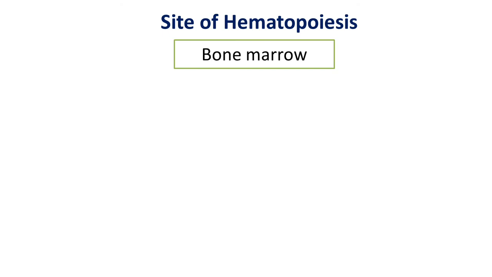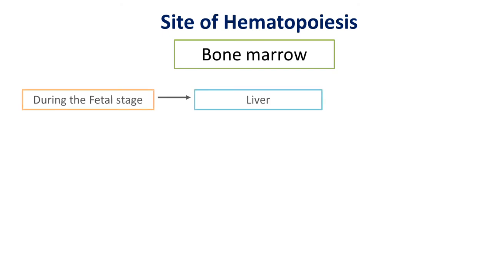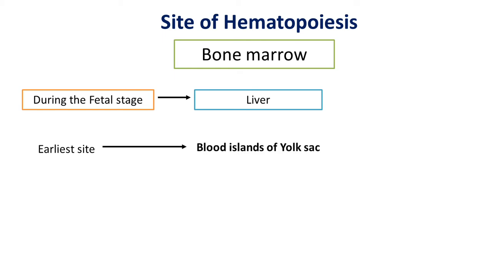So now let's move on to the site of hematopoiesis, in the sense of where hematopoiesis actually occurs. Obviously the answer is bone marrow. However, during the developmental stages or the fetal stage, we see that the liver is the primary organ for hematopoiesis. If we ask where the hematopoietic stem cell population in the liver arises from, the earliest site is the blood islands of the yolk sac.